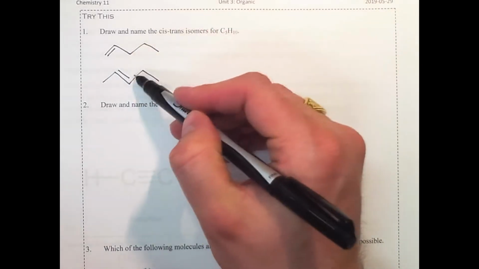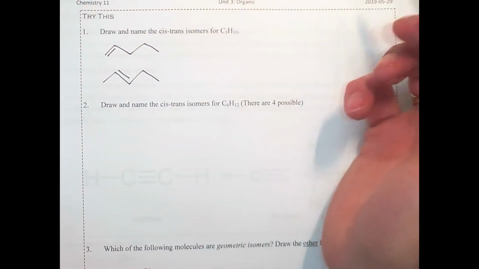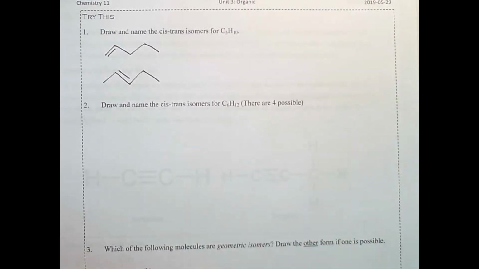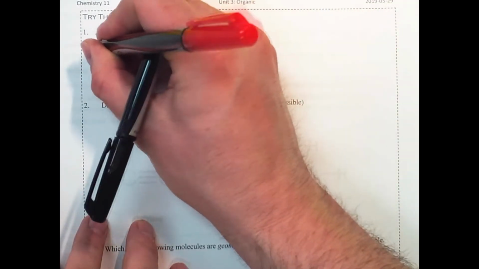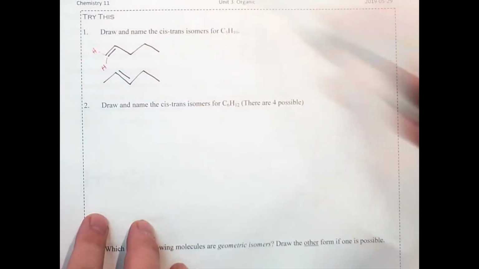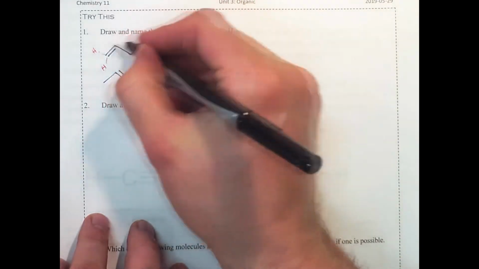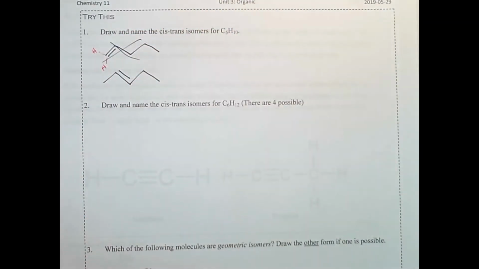Again, if I put the double bond here, it's the same as this one, so it doesn't really help us. You cannot have a structural isomer at the end, because if you do, you have two hydrogens which are the same group, so there's no cis-trans isomer involved here.